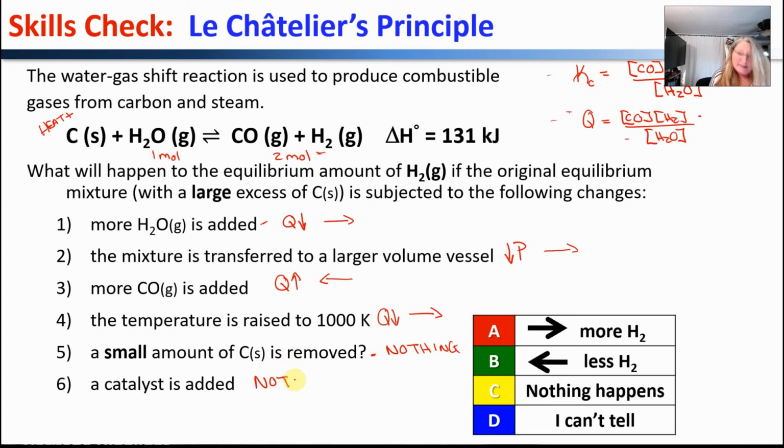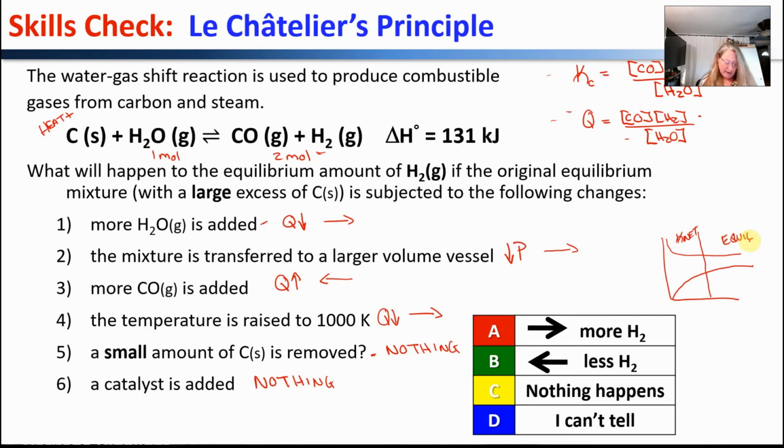Adding the catalyst gets me to equilibrium faster, but it doesn't increase the amount of product or reactant that I have. So again, looking at our reaction pathways, where I start off with no product, and I get here, and here's my reactant going like that. And we said that this stage right here, this is our kinetic area, and this is our equilibrium, when everything stays the same.